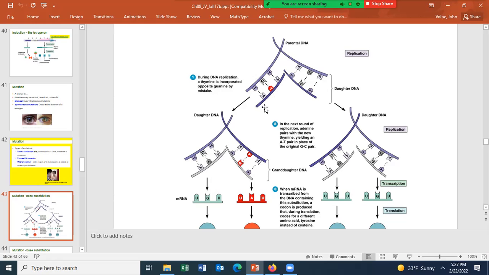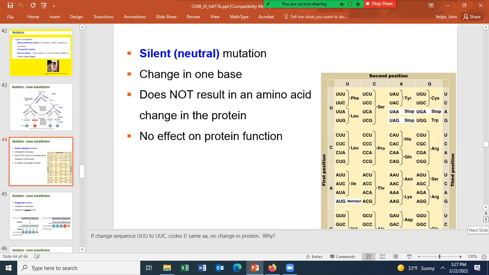And that is a base substitution point mutation. Let's talk about different types.